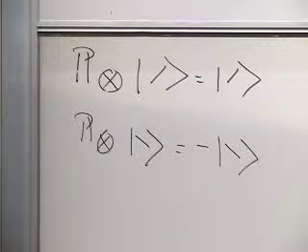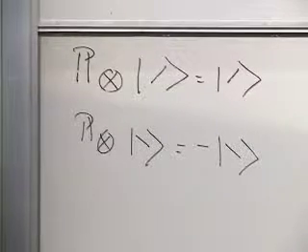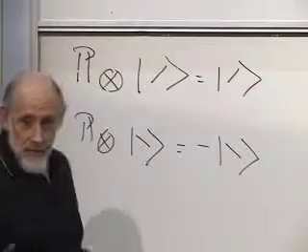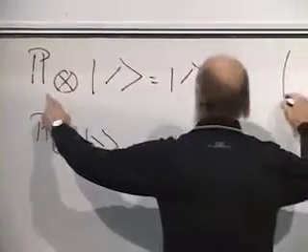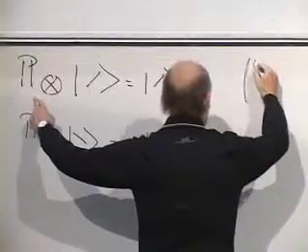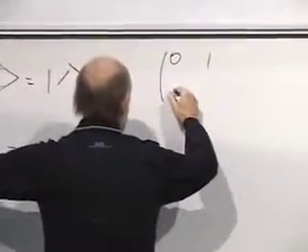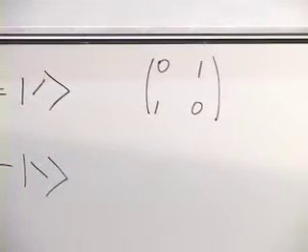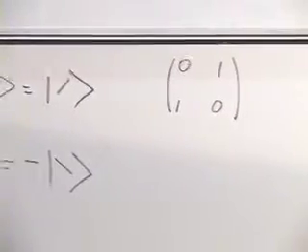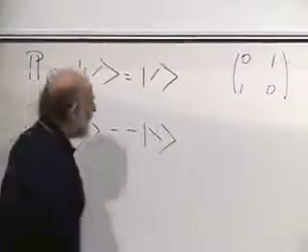What's the observable? Can we find it? It's not hard. I'll just tell you what the answer is, and then we'll check it. The matrix that's associated with it is rather simple. It's 0, 1, 1, 0. Let's check that it acts on slash to give slash and acts on backslash to give minus backslash.